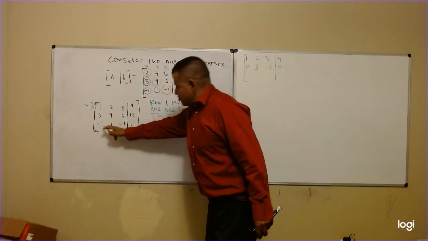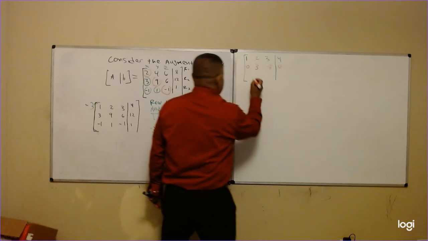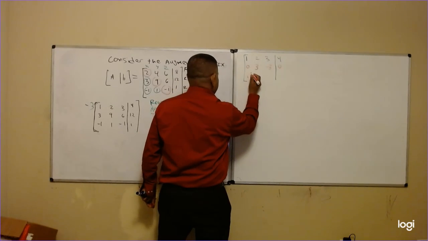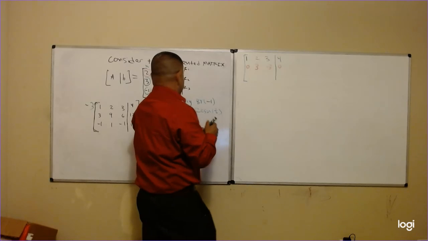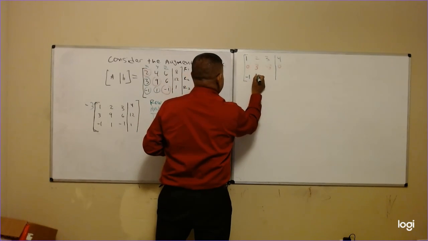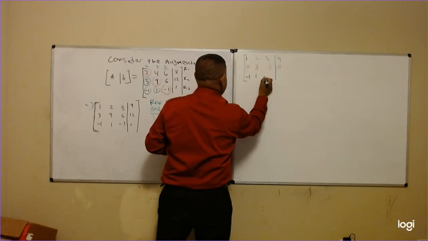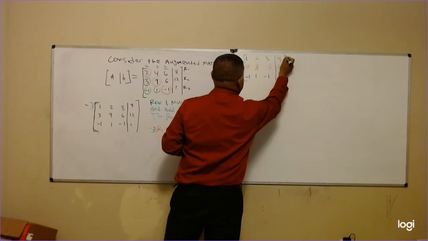Now, I just rewrite everything in the bottom. Alright? So I got a 1. Let me do this in green. So I got a 1, 1, negative 1, I'm sorry. Negative 1, and I close that.